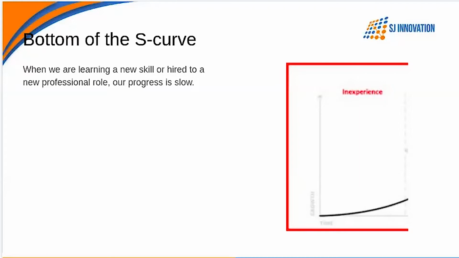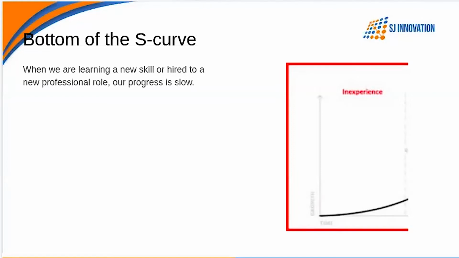The bottom of the curve, which is the inexperience part, indicates that we are learning some new skill, or we have just got a new job and we are learning some processes of the company, and maybe we are in the onboarding stage. Like you have this SJ University period of 60 days, so we can consider that as the bottom of the curve. In this bottom of the curve, we are learning new things, and our learning is slower.